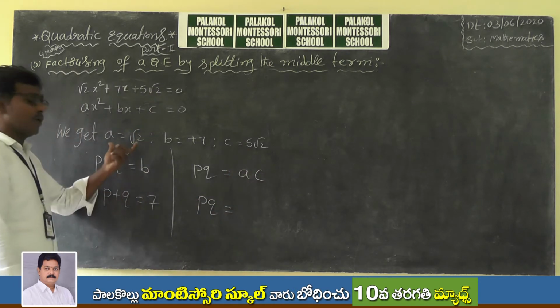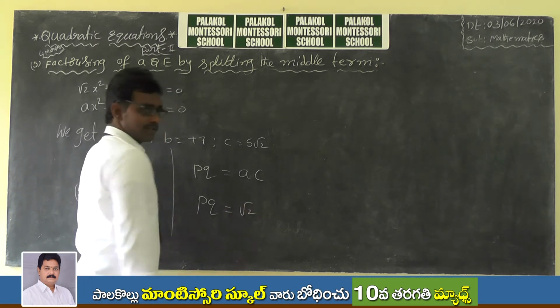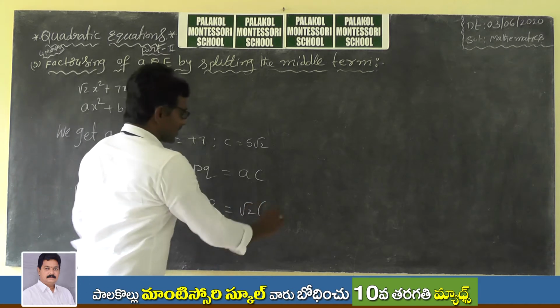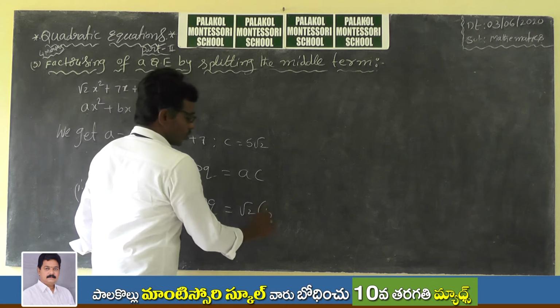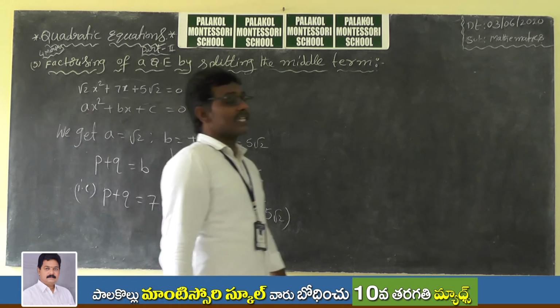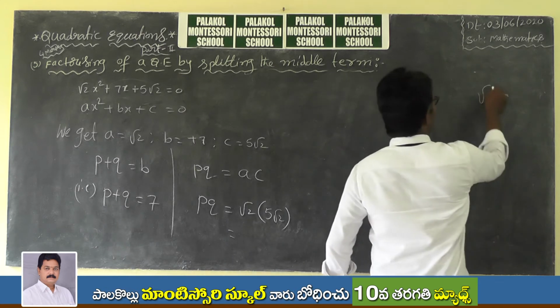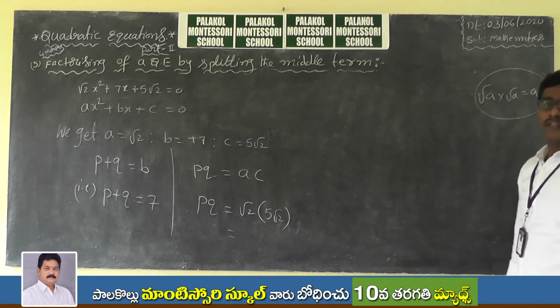what is the a value in this quadratic equation? That is root 2, right here. What is the c value in this quadratic equation? 5 root 2, right here. Guys, you have come to the exponent powers: root a into root a, you write that as a without root.